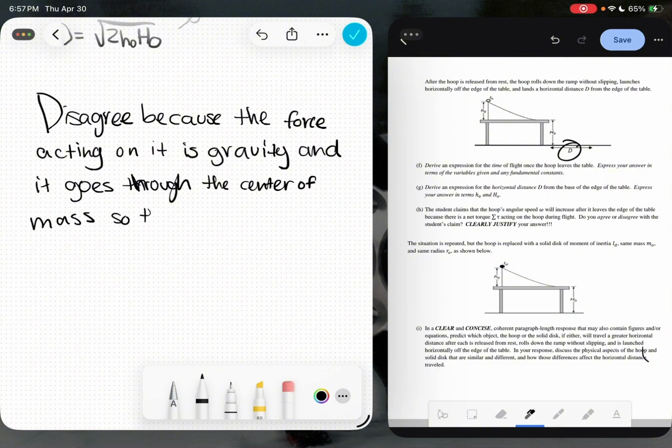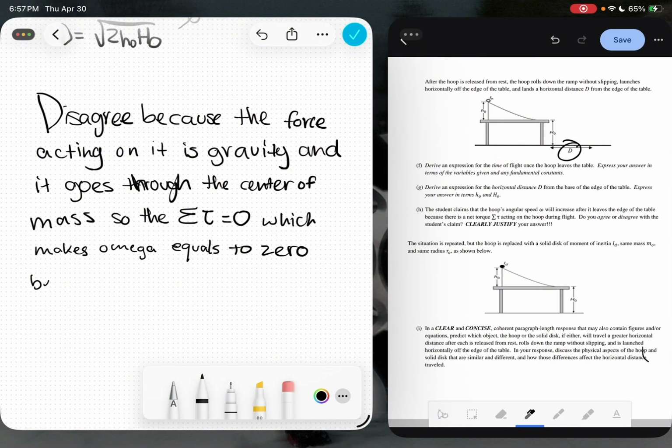So the net torque equals 0, which makes omega equal to 0. Because net torque times delta t equals I omega.